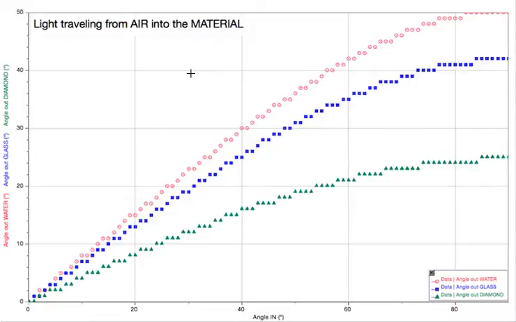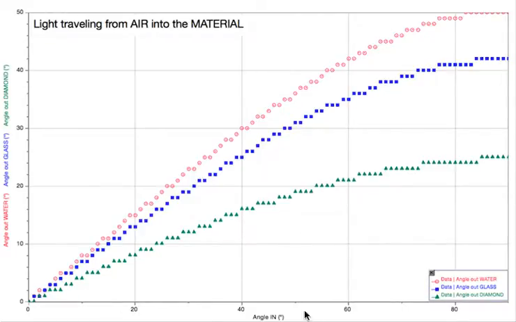Now, on each of the graphs, there are three lines. Holy cheese, that is very tricky. Okay, so each of the lines represents a different substance. The red always represents water, the blue always represents glass, and the green always represents diamond.